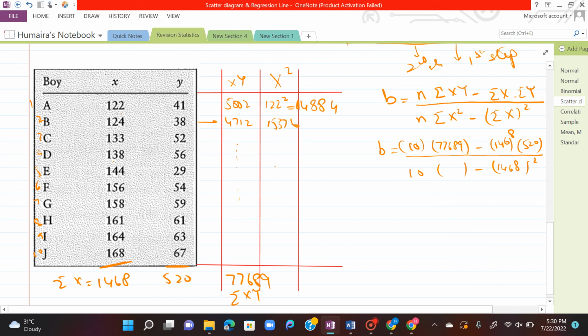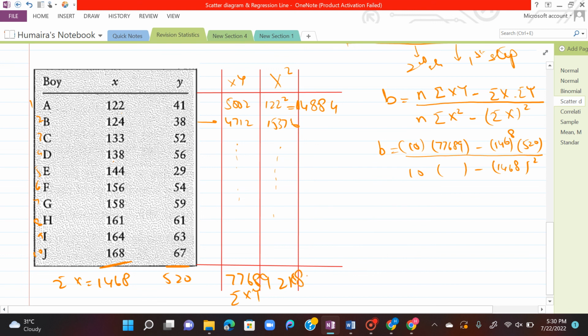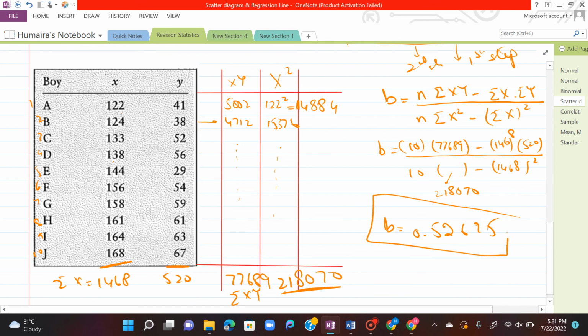So you can write all x square values here and get the sum over here. This sum is 218070. This value I will put over here. So when you simplify it, you will have 0.52695. So first step done.